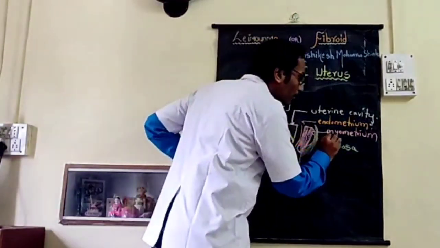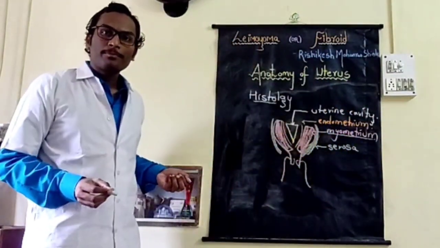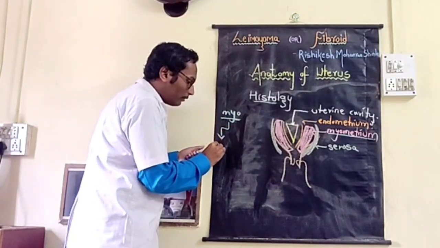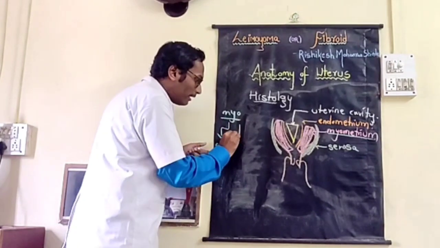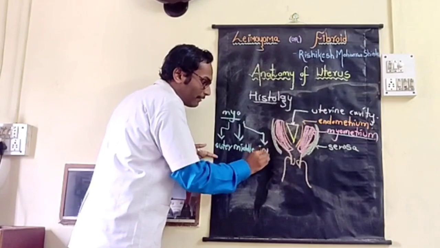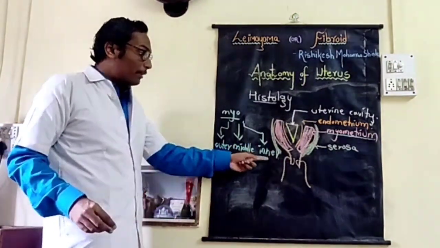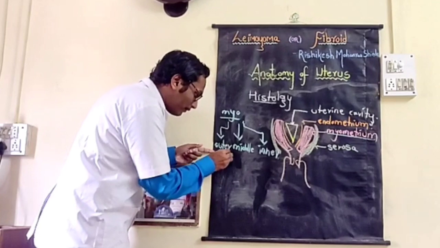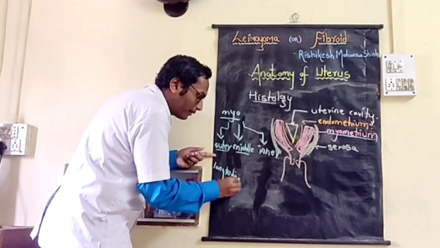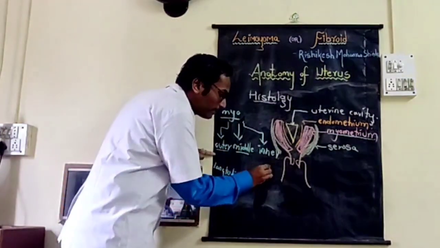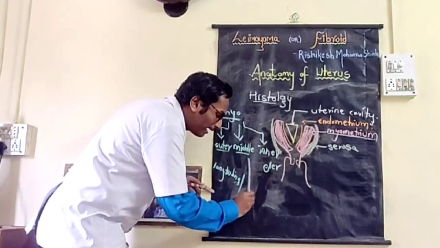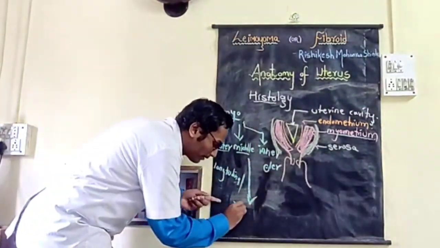We will be talking about the myometrium. The myometrium has an outer muscle fiber layer, a middle layer, and an inner muscle fiber layer. The outer one has longitudinal muscle fibers, the inner one has circular muscle fibers, while the middle layer of the myometrium is called the meshwork.